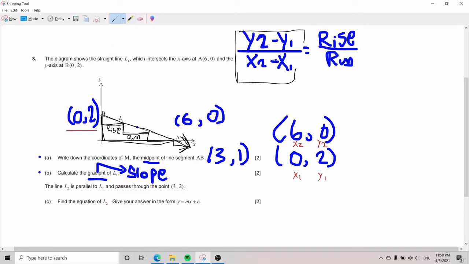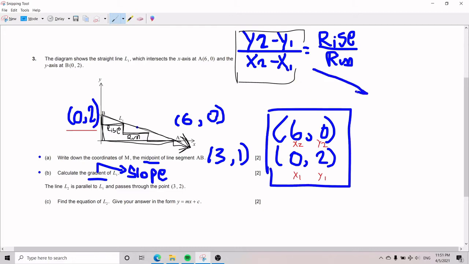And so plugging it into my slope formula using these same values for x2, y2, x1, y1, I end up with my slope being y2, which is 0, minus y1, which is 2, over x2, which is 6, minus x1, which is 0.